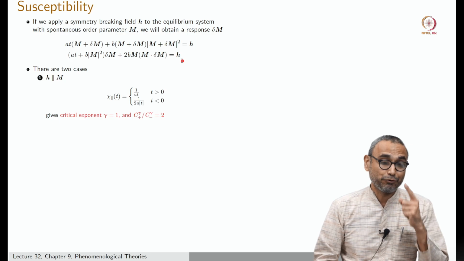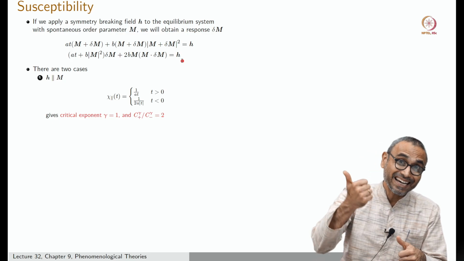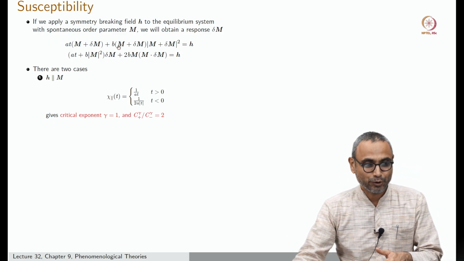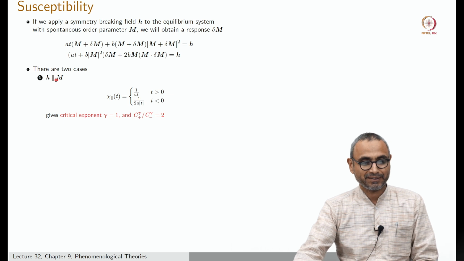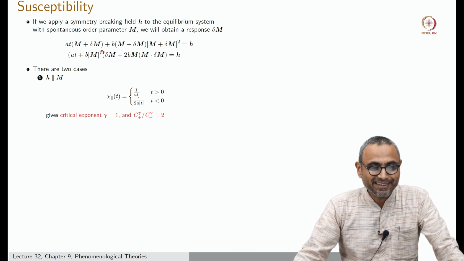You can apply the field H in the direction parallel to the order parameter m. If I do that, then all of these things are parallel, so you can just forget about the vector quantity here, because all of them are in the same direction.